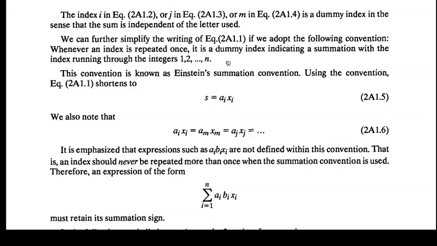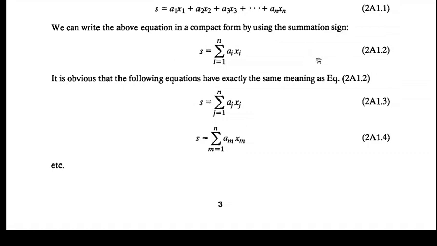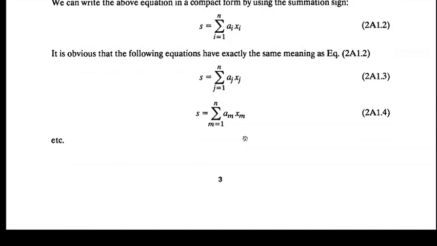You can see these equations: this equation, this equation, this equation. i is appearing two times, j is appearing two times, m is appearing two times. This is the dummy index. It is repeating one time, which means appearing two times in one term.